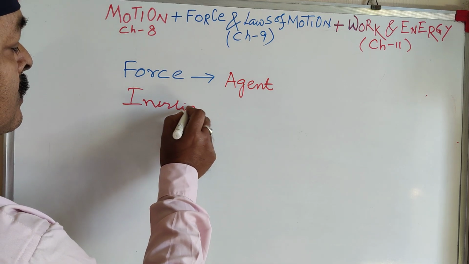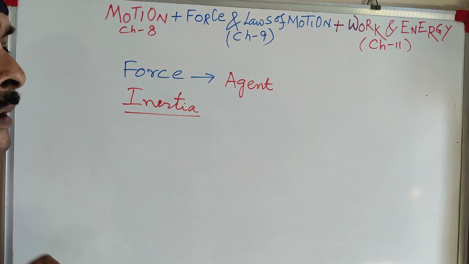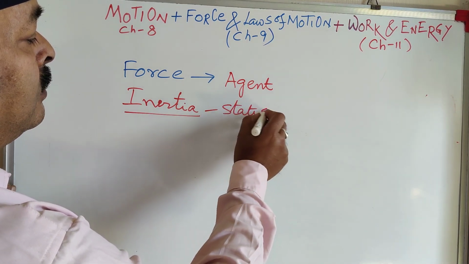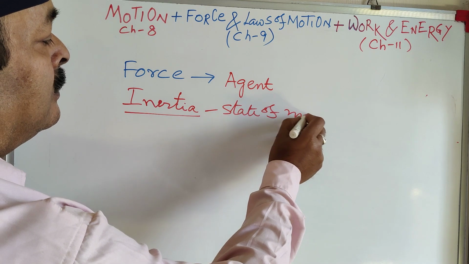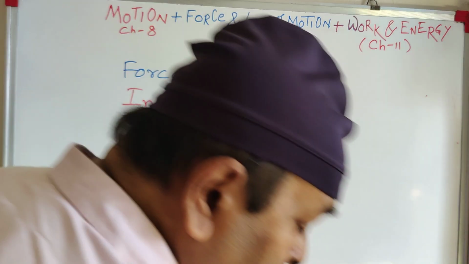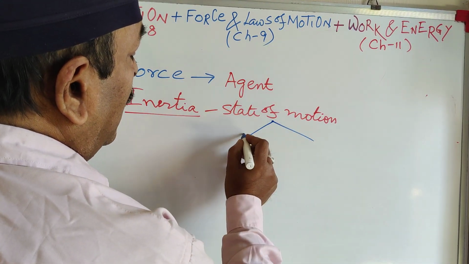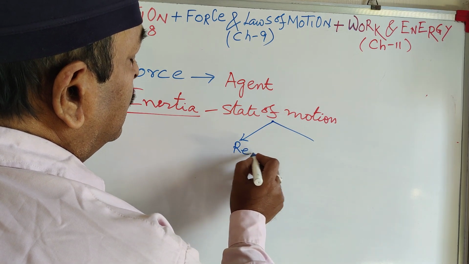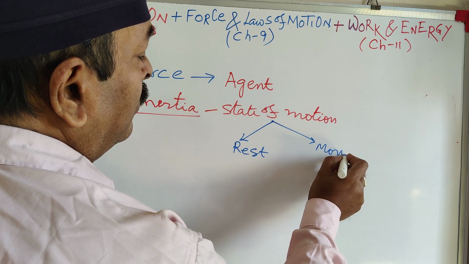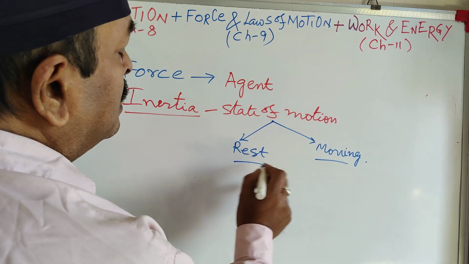Inertia means this is the state of the body, the state of motion, we can say. State of motion can be two: it is at rest or it is moving.